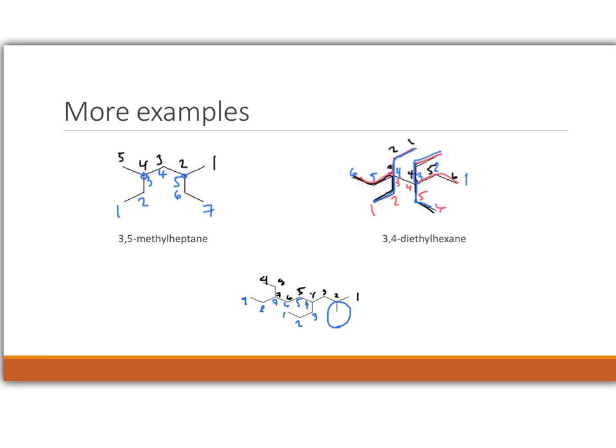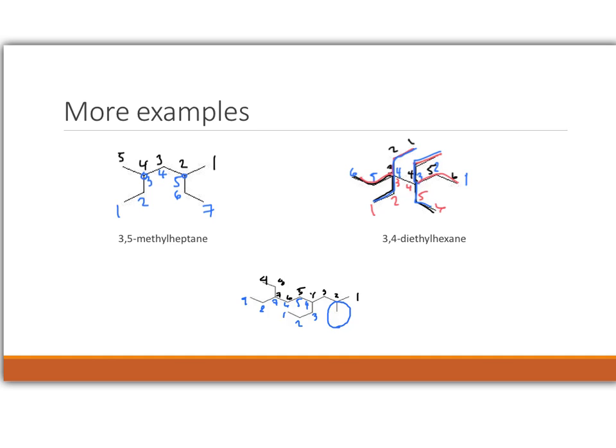So when it comes down to naming, especially if you have more than one branching group, priority goes first to number. Okay, and then if you have something, say, on the exact same number, then it will go alphabetical order. But in this case, everything's on different numbers.